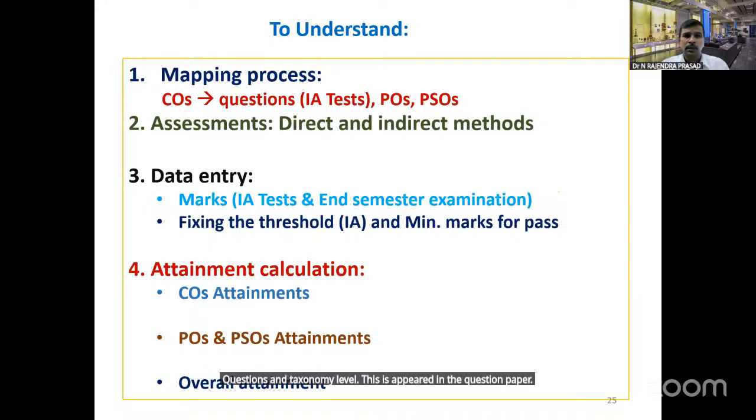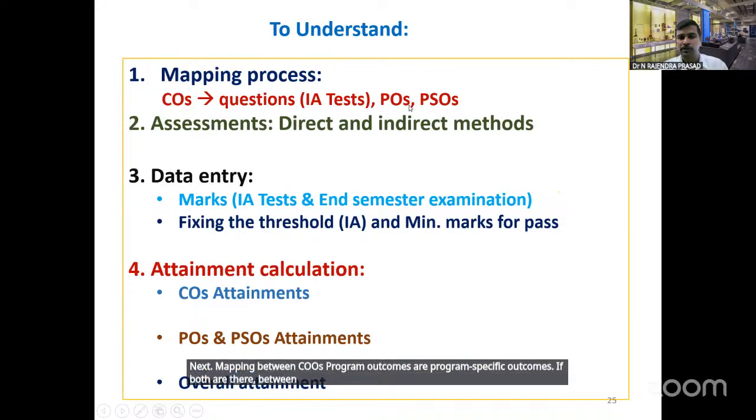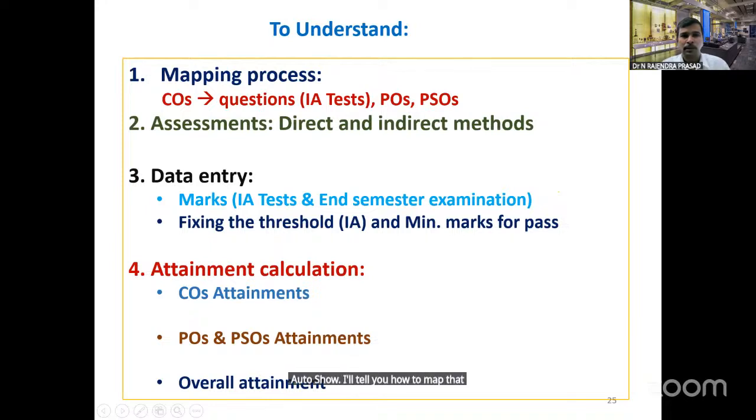Next, mapping between COs and program outcomes or program specific outcomes. If both are there, between COs and both. Now I'll tell you how to map that. First, keep in your mind that mapping is very essential.